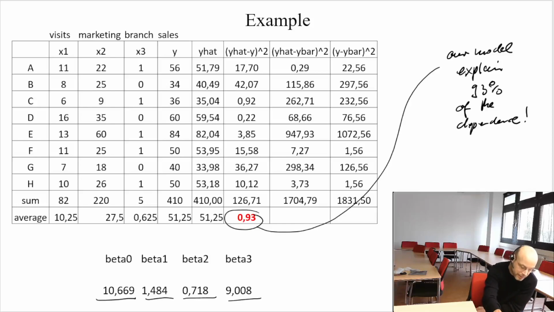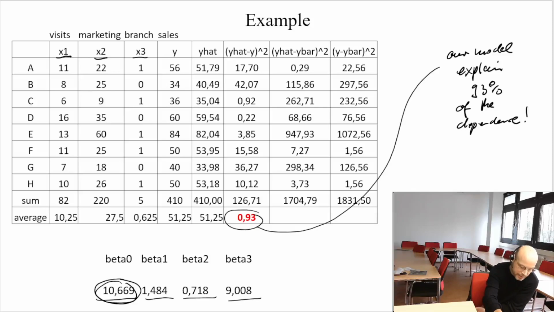Beta 0 is hard to interpret, because what would beta 0 mean? This would mean that if we have no visits, no marketing, and no branches, then we would have sales of a volume of roughly 10. There, of course, you have to be careful to interpret this like this.